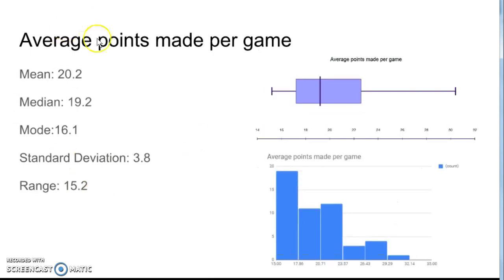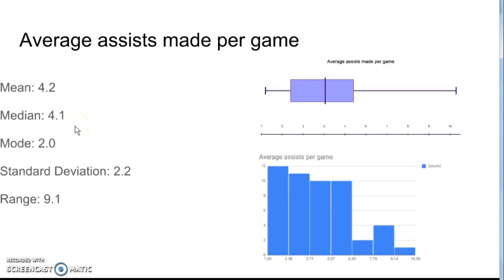And it's the same with the assists. 2.2 is more than half of what 4.2 is.